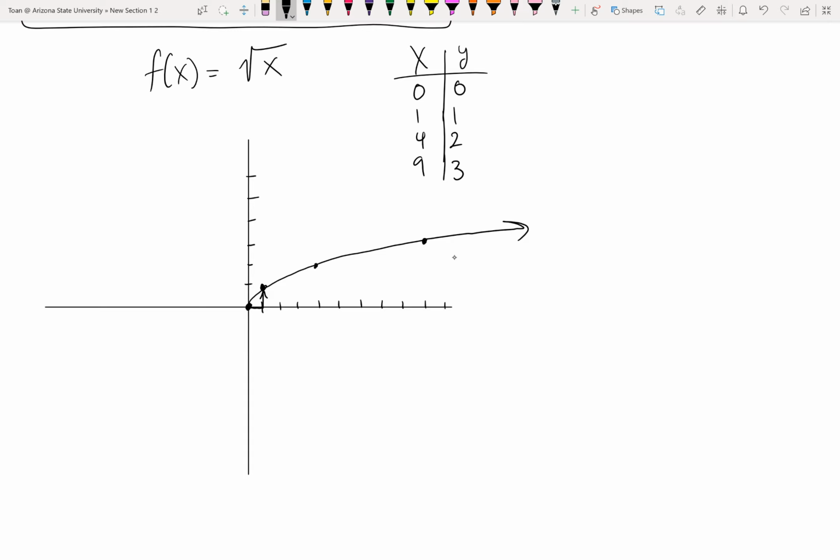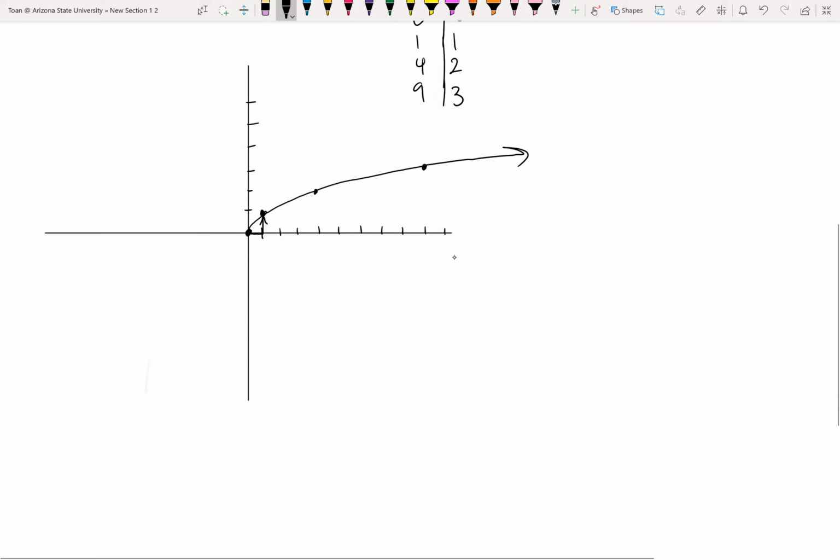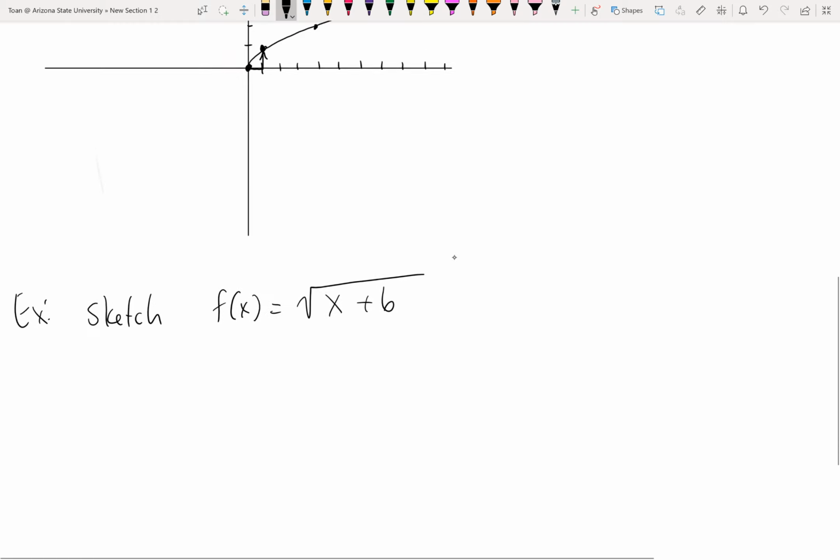So let's take a look at a more, quote, complicated function. Suppose I ask you to sketch f of x equals the square root of x plus 6. The first thing you want to do is read the transformations: up, down, left, right.